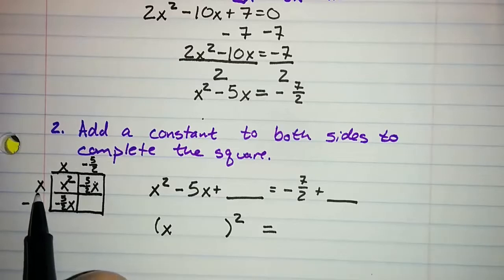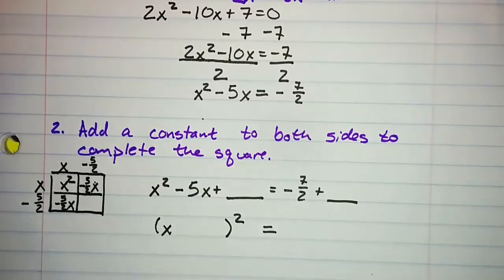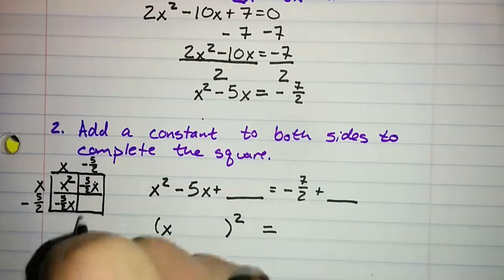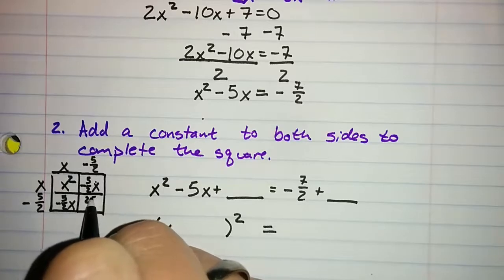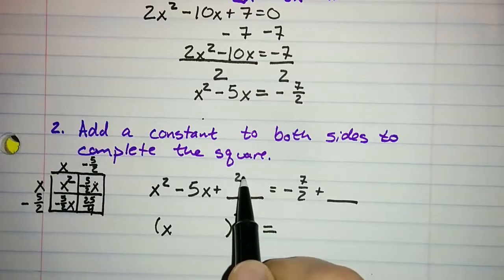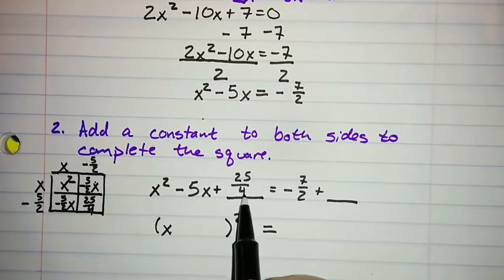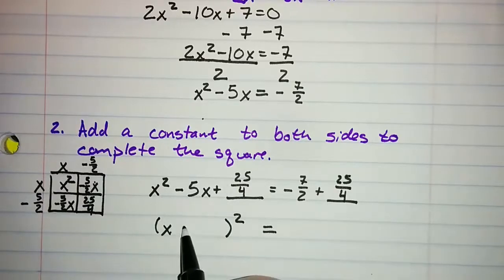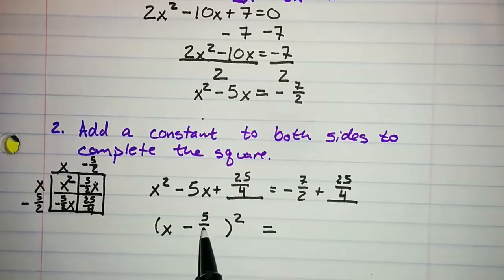This one also x by negative 5 halves. And so this box will have negative 5 halves times negative 5 halves, which is 25 fourths. The constant we'll add to both sides is 25 fourths. And then this left-hand side will be x minus 5 halves, all squared.